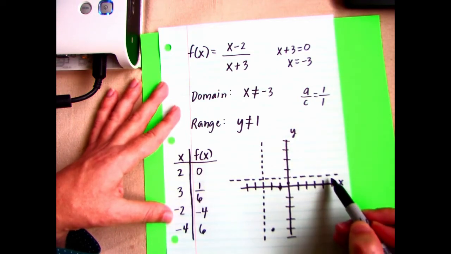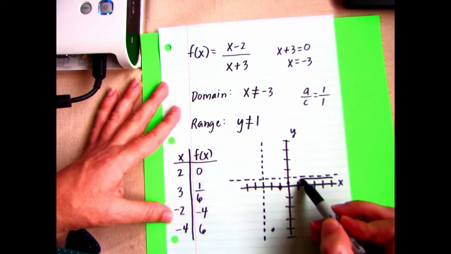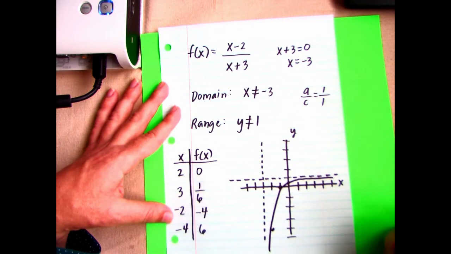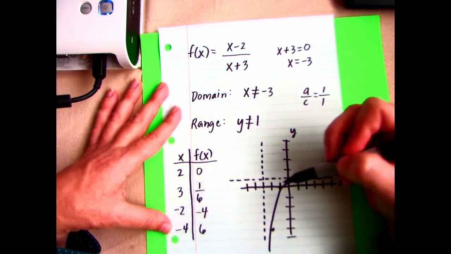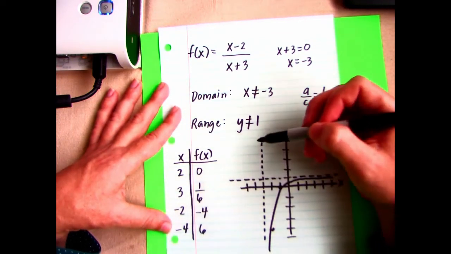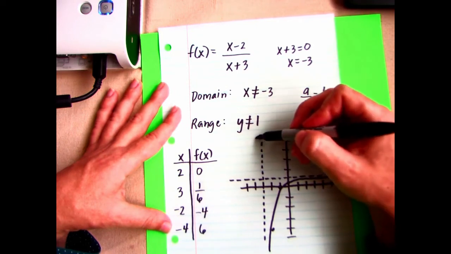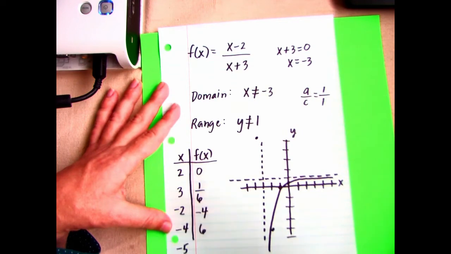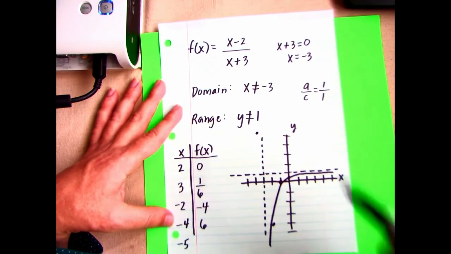So here's my lower right portion of my hyperbola. Draw it so it approaches those asymptotes but never crosses. My final point, negative 4, 6, way up here in the upper left.